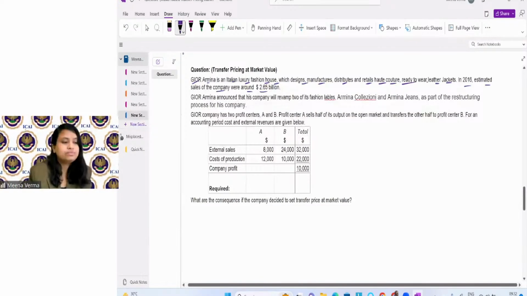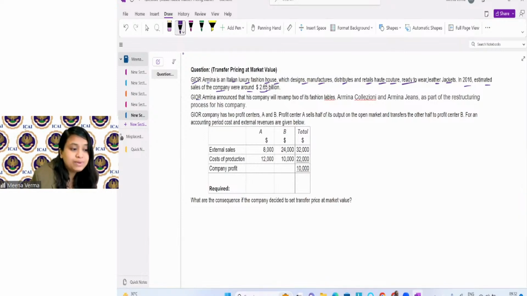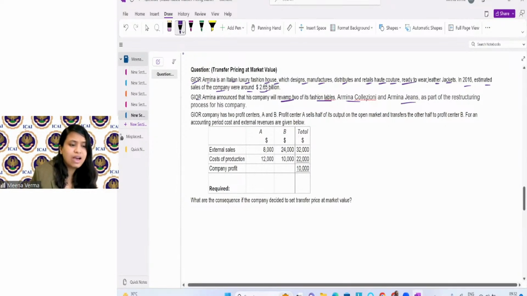The company announced that it will revamp two fashion labels, Armani Collezioni and Jeans, as a part of the restructuring process of the company.